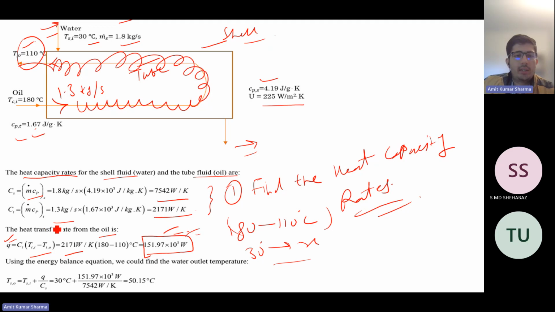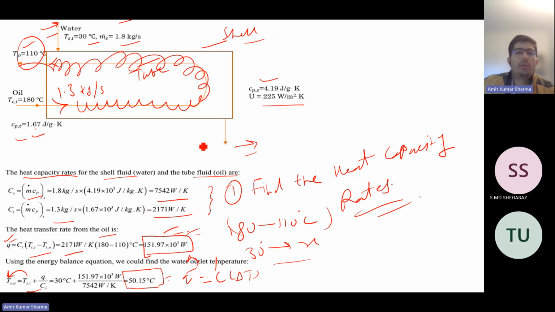If you transfer this T that side and multiply this, you will again get Q = C delta T. Now Q we have, C we know for water, delta T is T out minus T in. So based on that you will solve it and you will get 50.15 degree centigrade. Okay, so temperature is 50.15 degree centigrade.